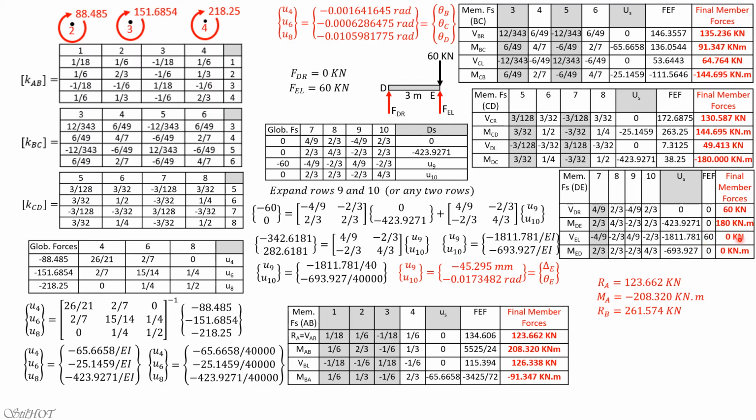The result should be 0 because the shear at the end at EL must be 0, or D left must be 0. And finally, moment ED is also 0. So that's it.